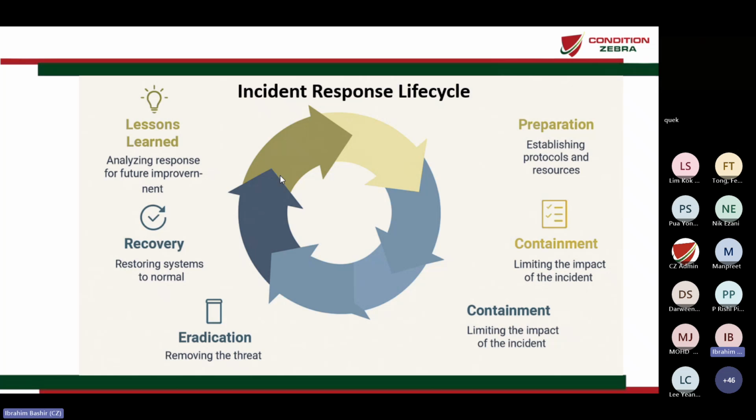For example, if you don't implement the controls or regulations and then something happens, you get a double penalty: one is you don't comply, and second is you don't report. So incident response is very important, and something we can help you achieve using our MDR solutions.